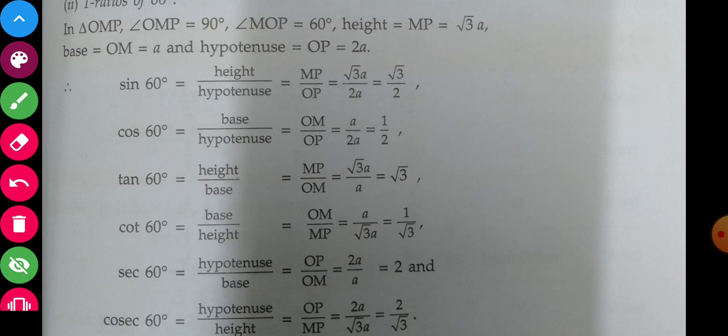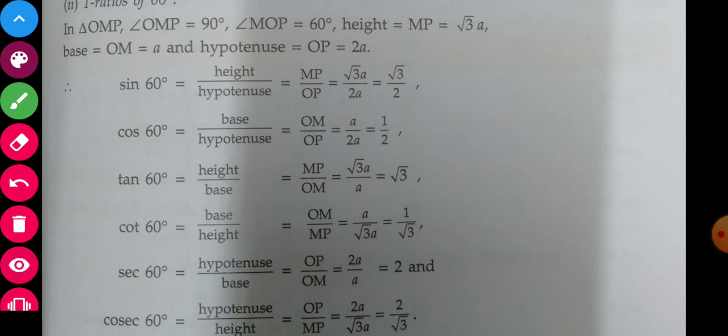So from a triangle where the angles are 30, 60 and 90, you can get the trigonometric ratios of 30 and 60. And if it is an isosceles right triangle, you have two angles equal and they are 45, 45 each. So you get the trigonometric ratios for the angle 45.